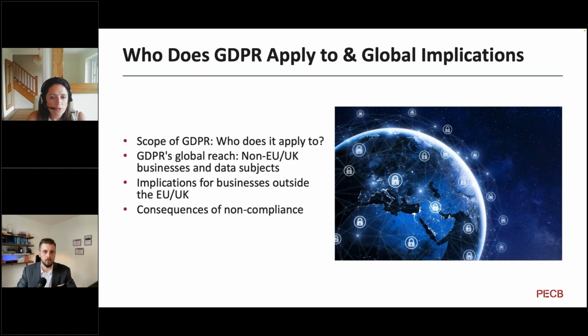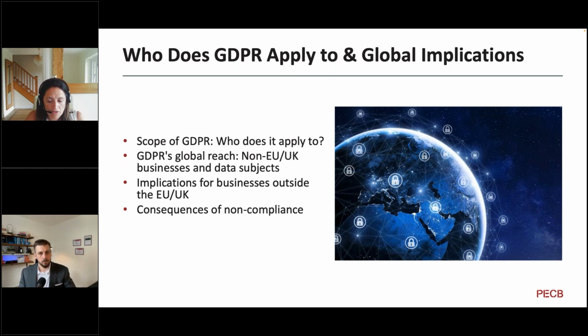So on the next slide, when we think about who the GDPR applies to and the global implications, as mentioned already, the GDPR applies to all organisations that have an establishment within the EU or the UK, or where you are providing services to EU or UK citizens.